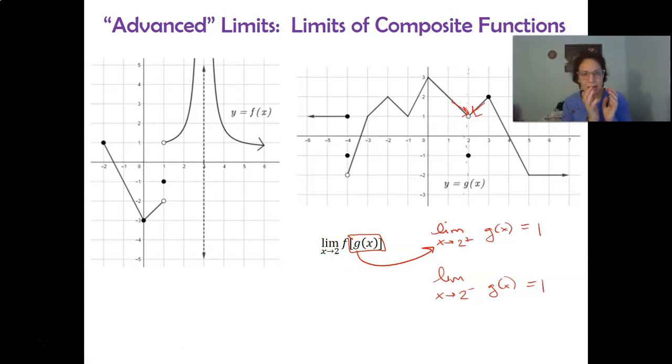Right? I'm going to take my answer from g of x and it's going to become the number I approach for f of x. In other words, the answer to g of x becomes what I approach for f of x. And therefore, I have to be a little more careful about what my answer is for g of x.